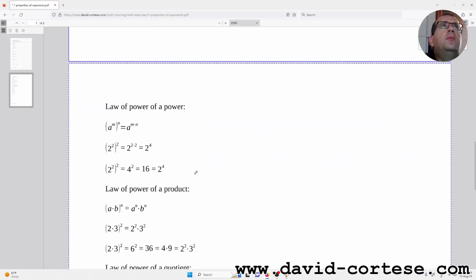Law of power of a power. A raised to m, everything raised to n, is equal to a raised to m times n. That is, for example, 2 raised to 2, everything raised to 2, is equal to 2 raised to 2 times 2, that is 2 raised to 4, that is 16.